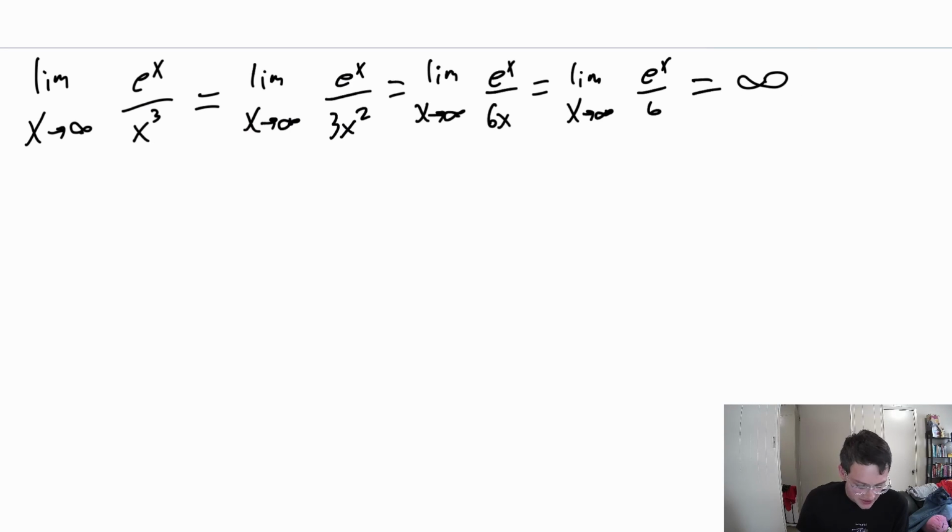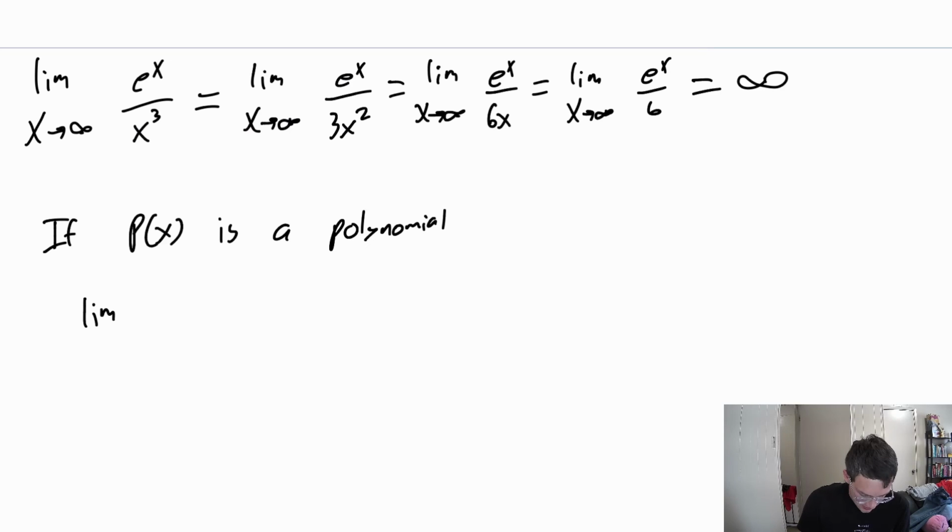And note, there's nothing special about this cubed here. In fact, if p of x is a polynomial, then the limit as x goes to infinity of e to the x over p of x is infinity.